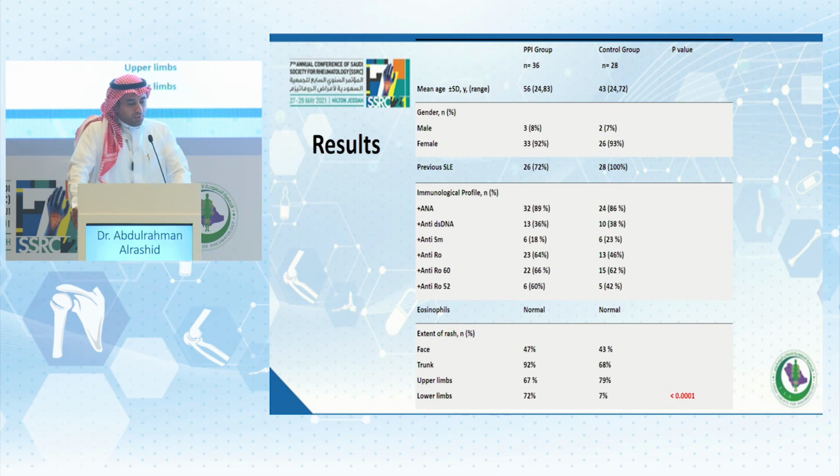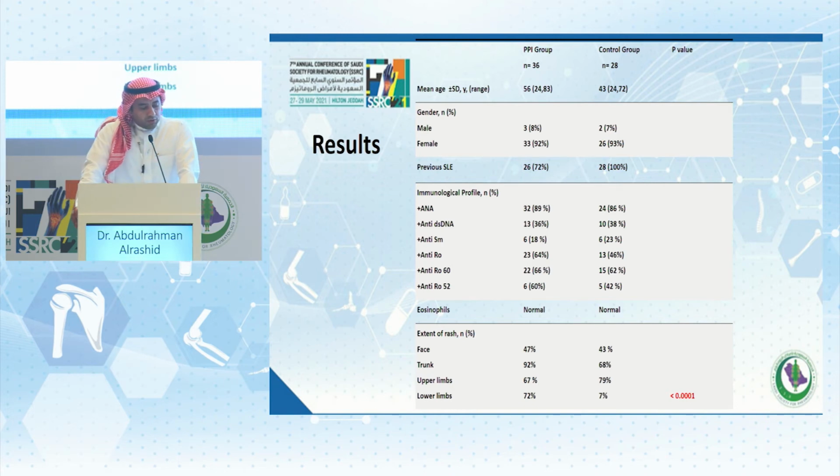This is our result. We can see that the PPI group is slightly older than the patients with primary SLE. This is probably because elderly patients are on polypharmacy, and the indication for PPI is more common in this group. There is no significant gender difference between both groups, and three quarters of patients with PPI-induced SLE had baseline SLE.